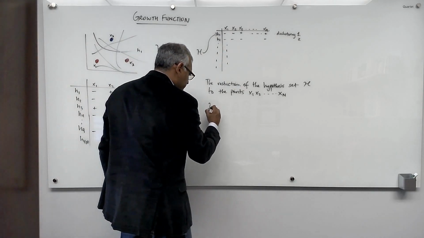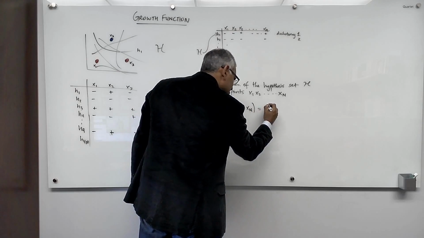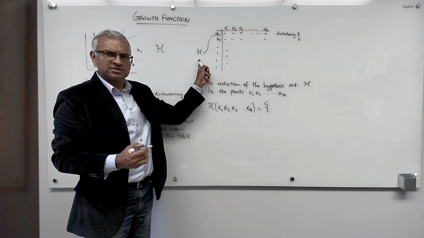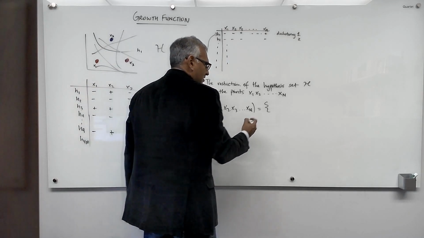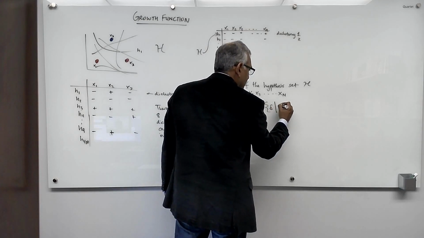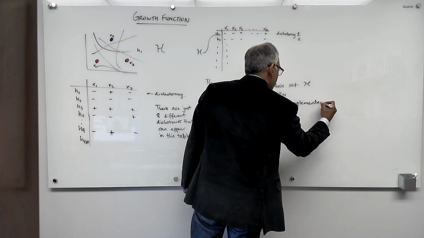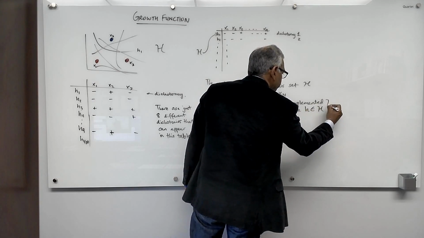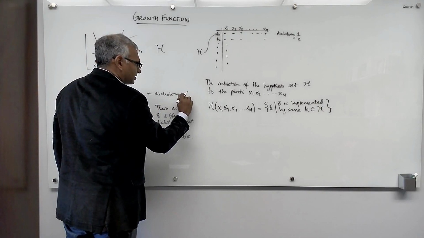H of x1, x2, x3 up to xn is just the set of dichotomies that are implemented by hypotheses in H on the set of points x1 to xn. Formally, it's the set of dichotomies delta such that delta is implemented by some hypothesis H in H. We will use the label delta for a dichotomy.